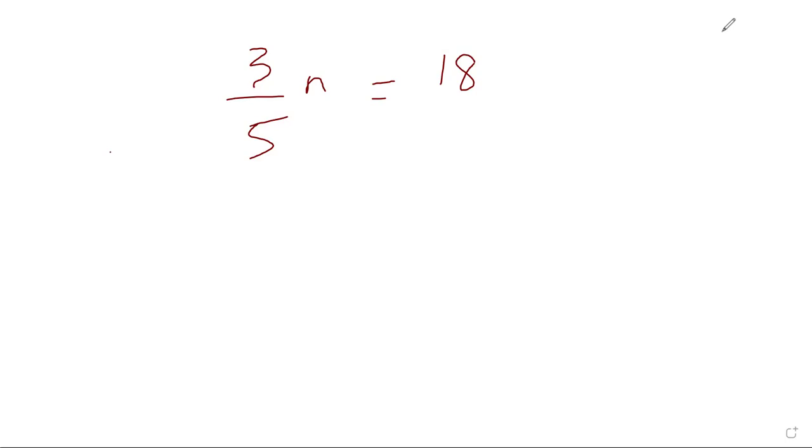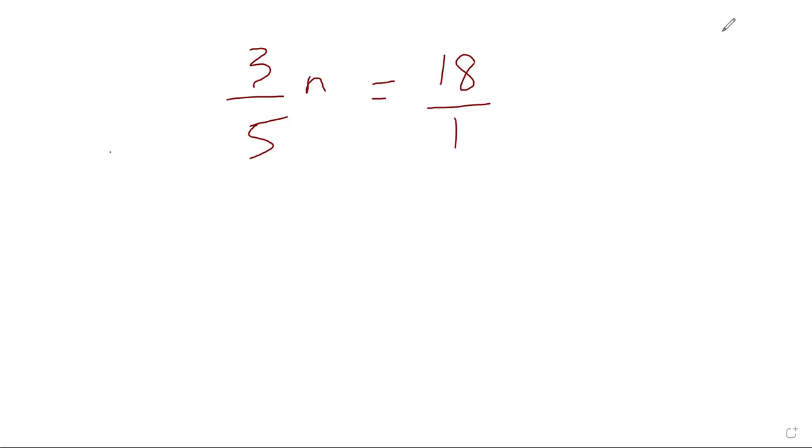Now anytime you have an equation with fractions like this, you could always set them equal to each other and cross multiply. So 18 is 18 over 1. That's the first thing I would do.